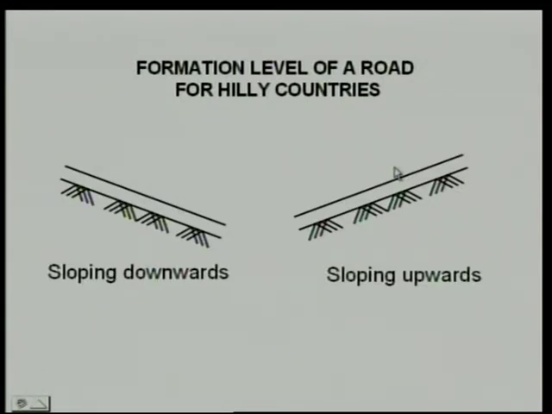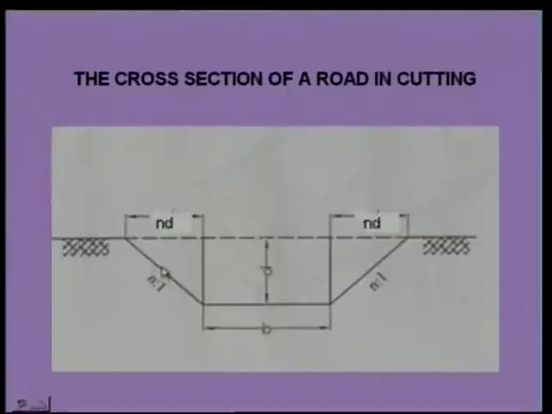Now, let us see the cross section of a road in cutting. Here we can visualize the cross section of a road in cutting. The cross section of earthwork of a road in cutting or in banking is in the form of a trapezium.